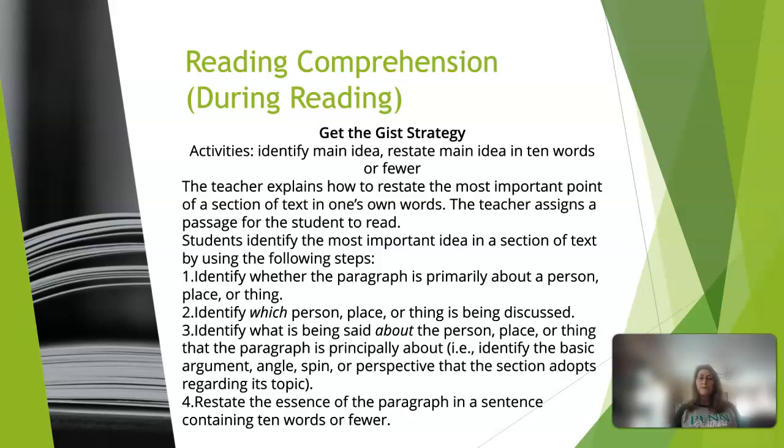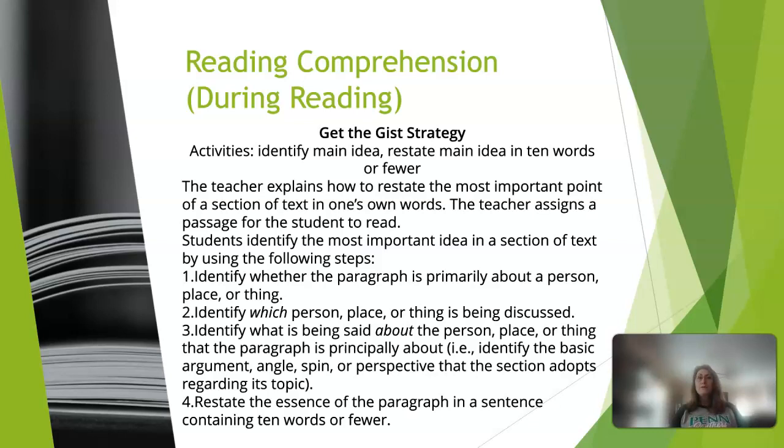They're going to have to identify the most important idea in it by using the steps of figuring out who in this paragraph, either the person, place, or thing, is the paragraph mostly about. Identify which person, place, or thing is being discussed. Identify what is being said.